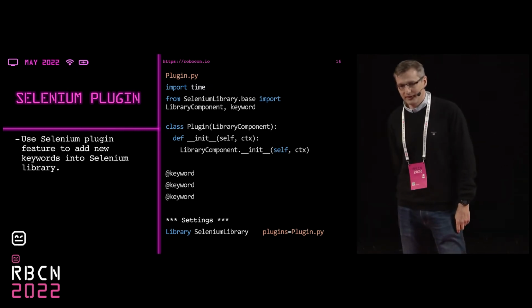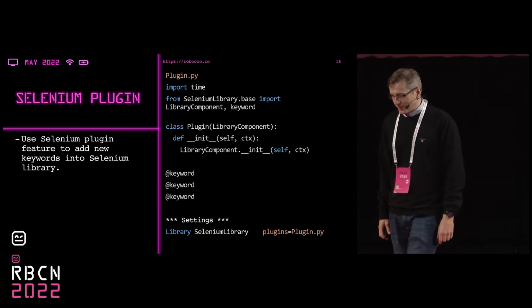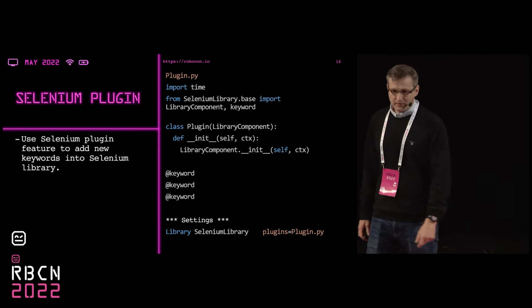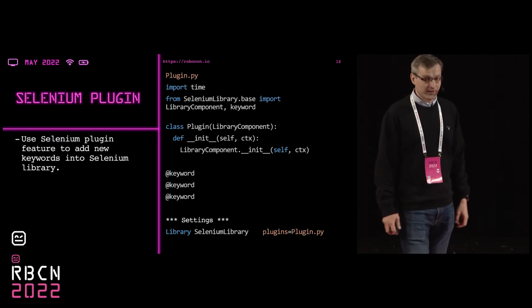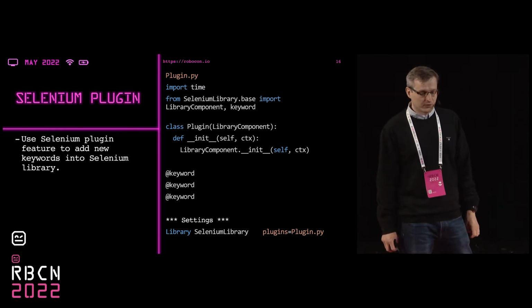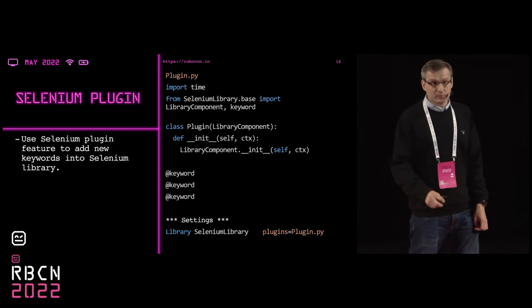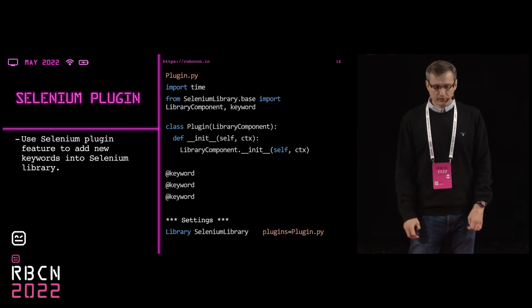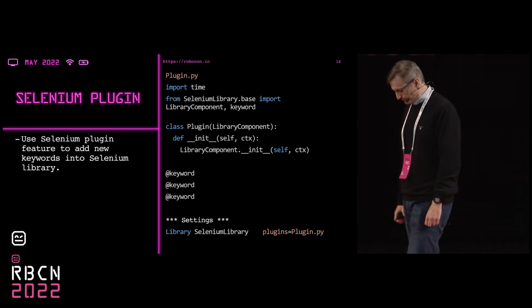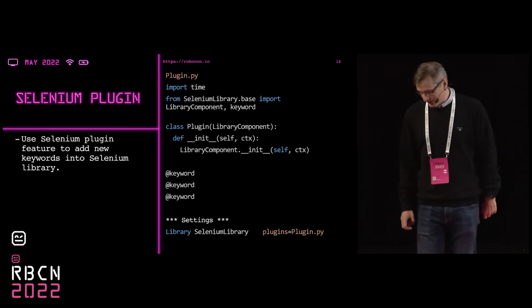You just need to create a Python file, create a plugin class there, inherit it from library component, and that's the base. Then you just add it in your settings. You add the Selenium library with a plugins parameter, including that Python file. But that's just a base class.